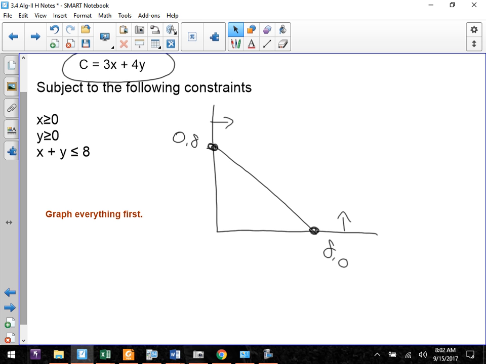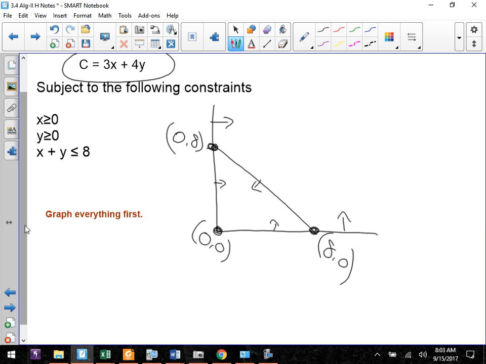Is it moving inward or outward? Inward, very good. So we wind up with this region here as what we call a favorable region. It's a triangle, very good.